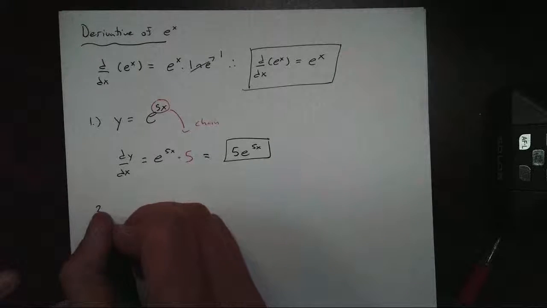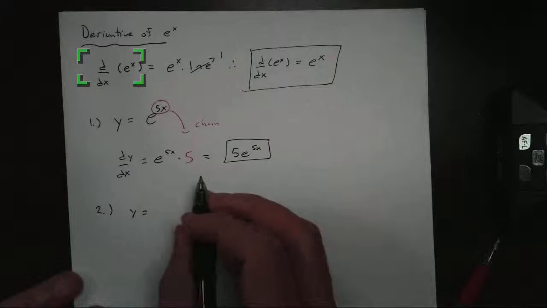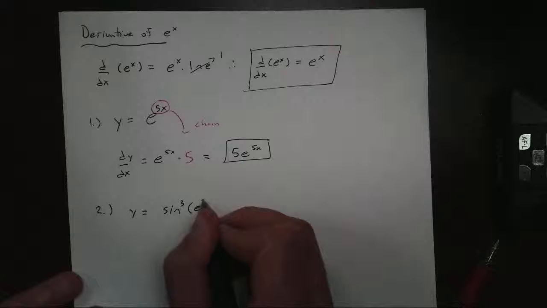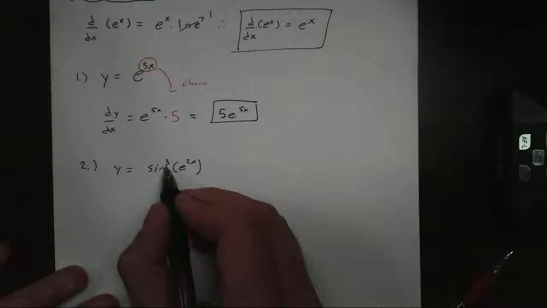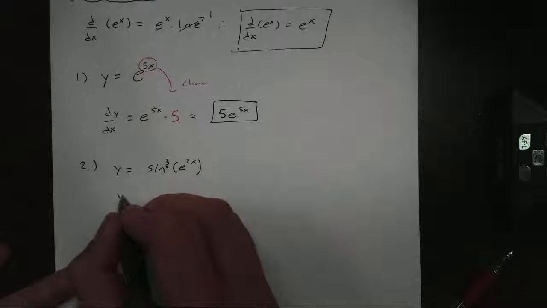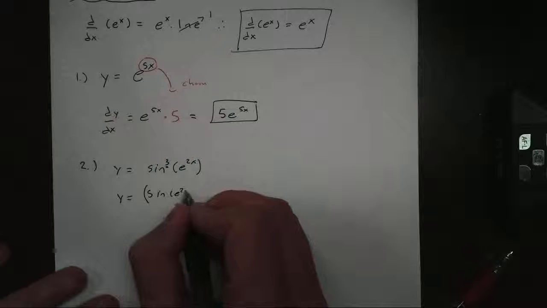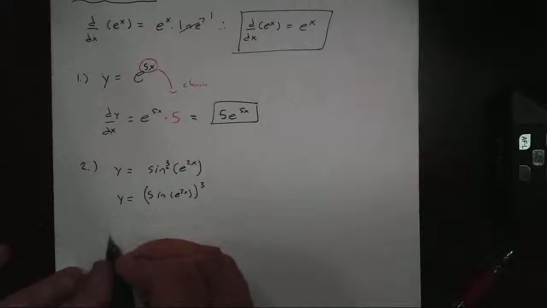Number 2, let's take a look at another example here. What if we have something like y equals, let's say, sine cubed of e to the 2x. Ooh, nasty one right here. Now, we've seen this before. With the cube here, we're going to rewrite it as sine of e to the 2x, cubed. So when I take the derivative, we have a chain rule.